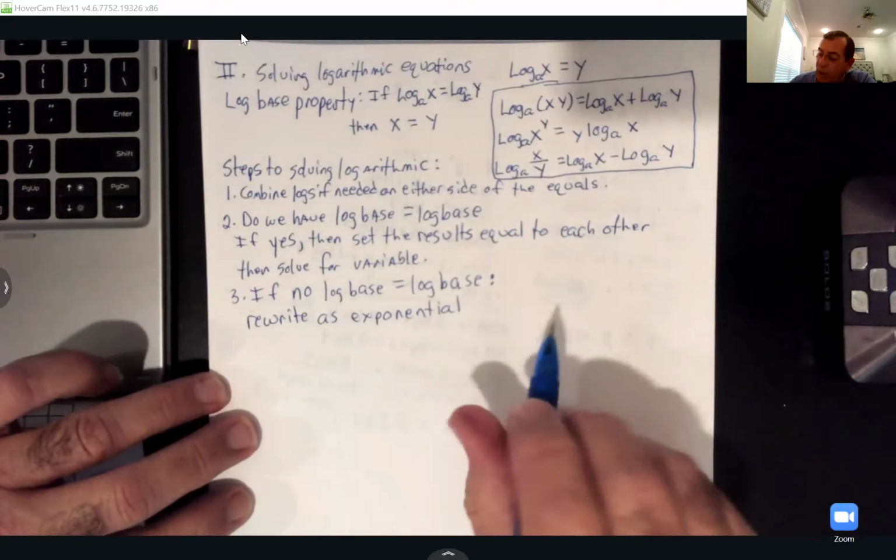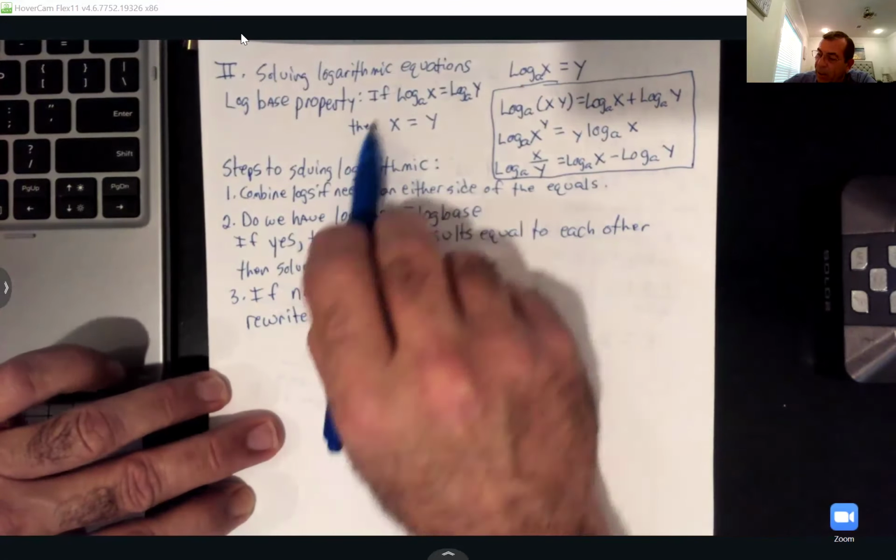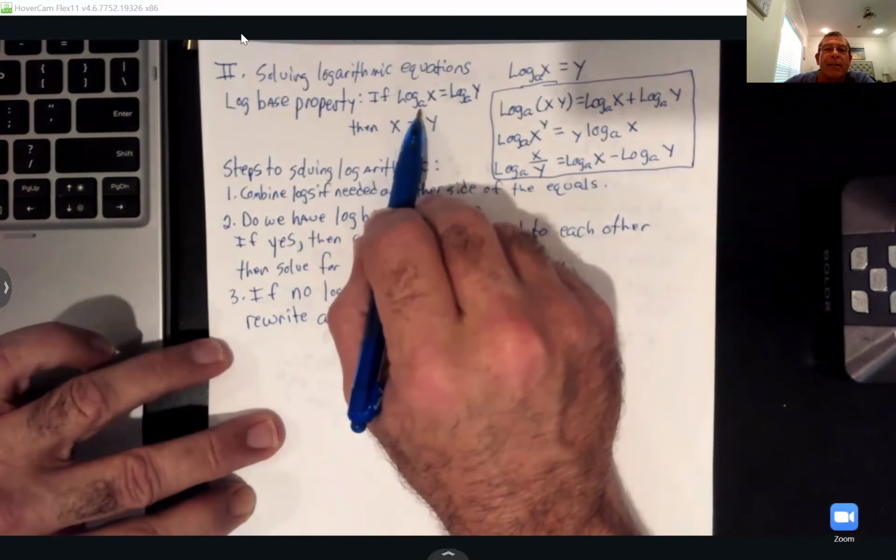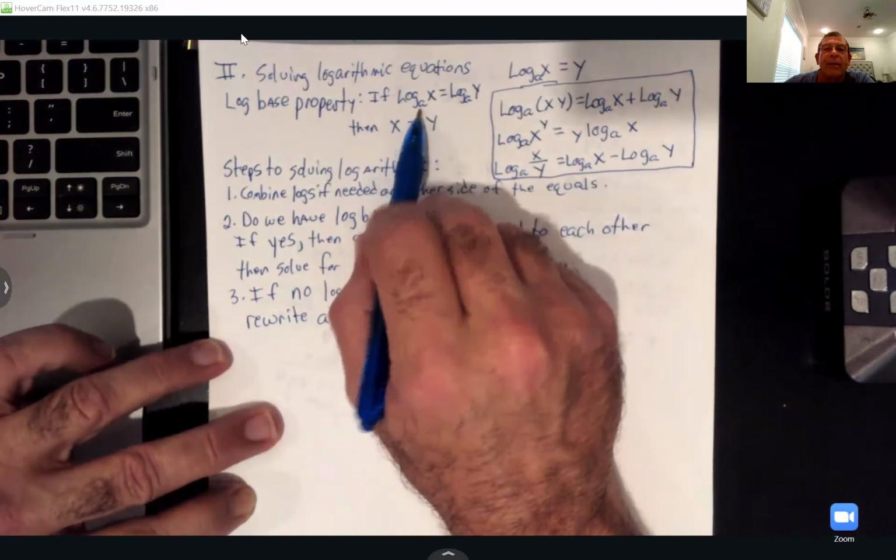So exponential was, remember, when I took the base, the exponent, and set it equal to that result. So we're going to rewrite them as exponential like y'all did the other day. Remember, once I have it written as exponential, I'm going to solve it for that variable.